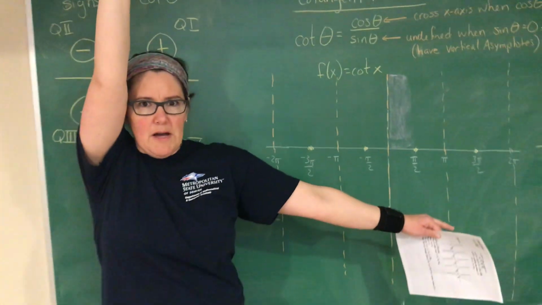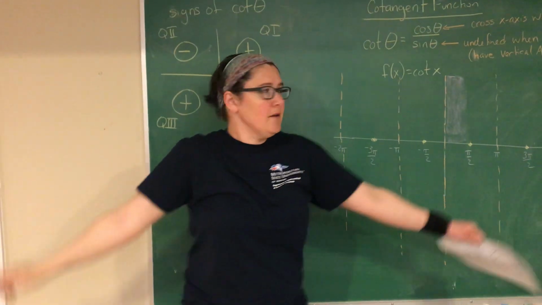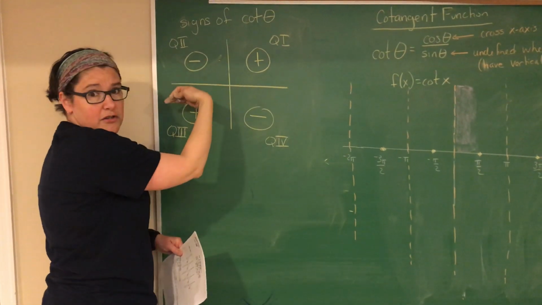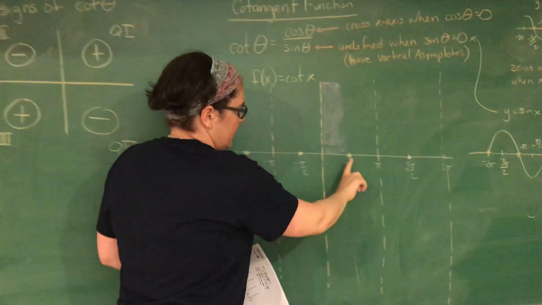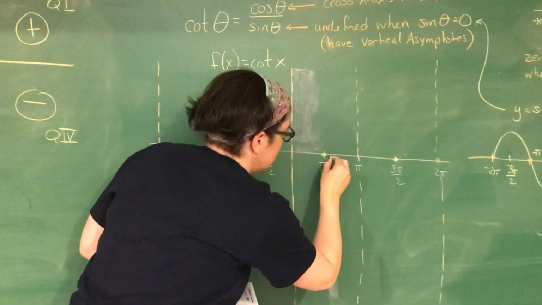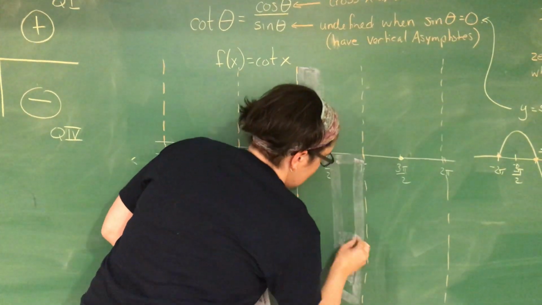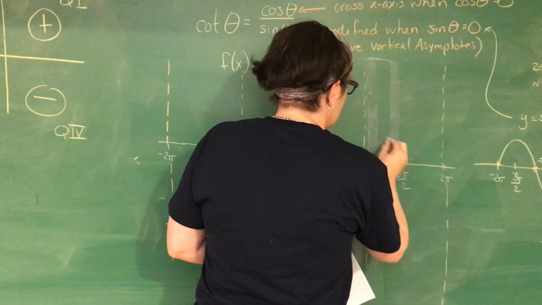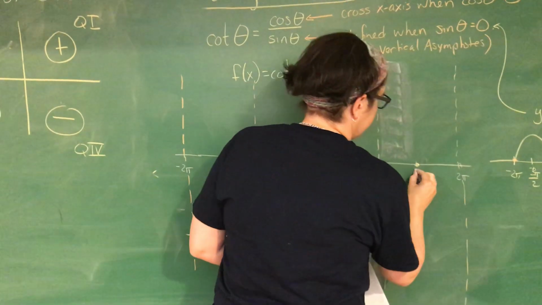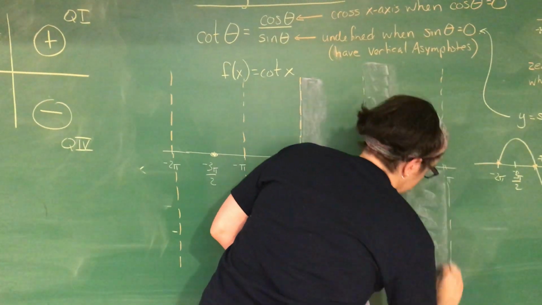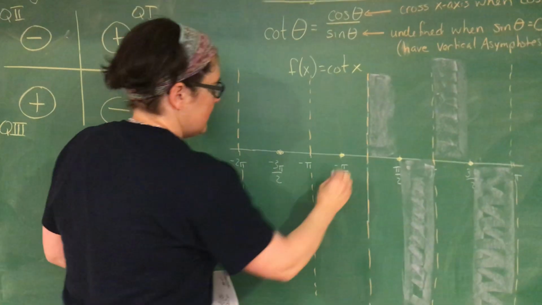From pi over 2 up to pi, the cotangent function is negative. So from pi over 2 to pi, our graph will be below the x-axis. And the pattern keeps going just like it did for the tangent function. So I'm going to shade in those regions. And similar on the negative side.